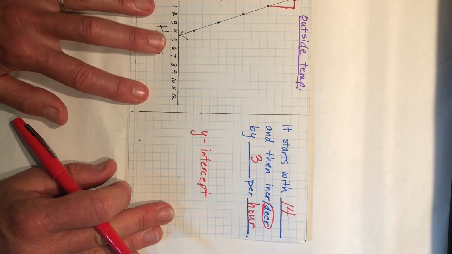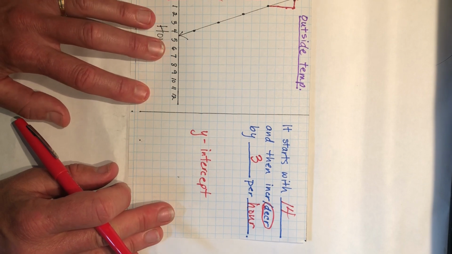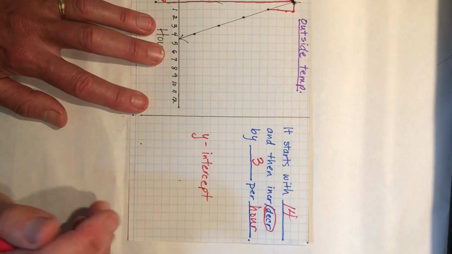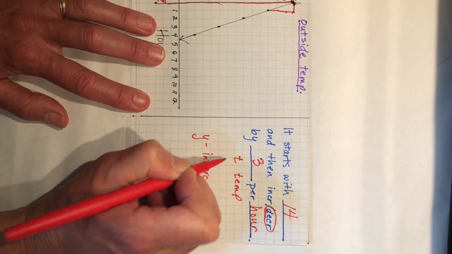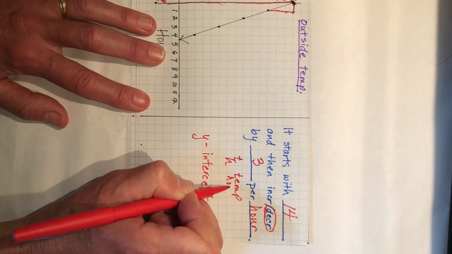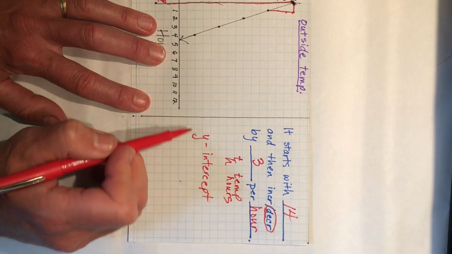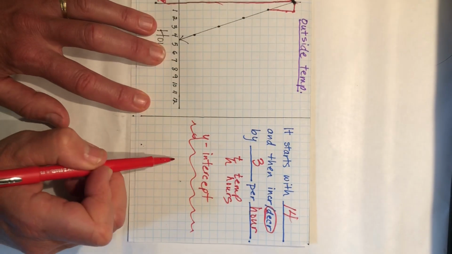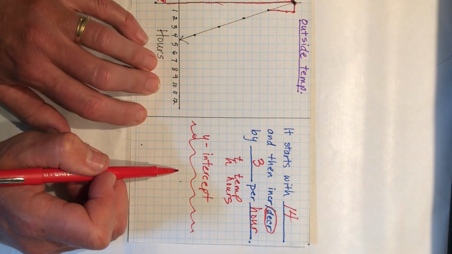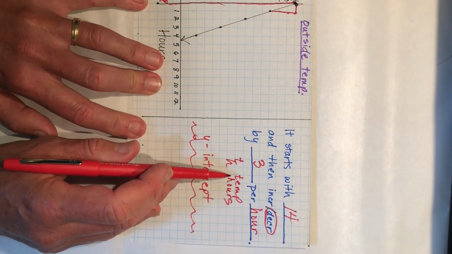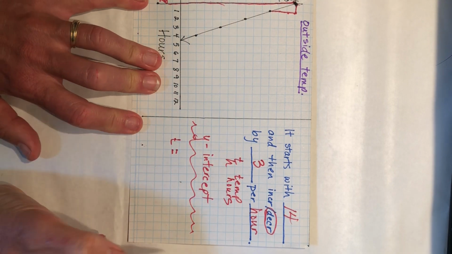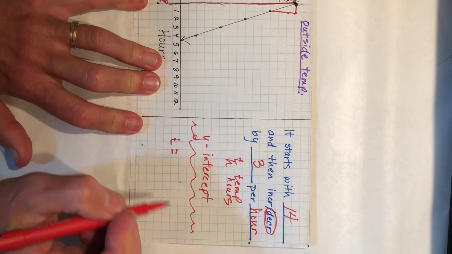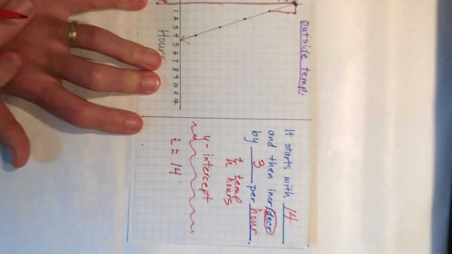So what's our equation? We've got temp and H for hours. The temperature will be the temperature that it is right now, 14.